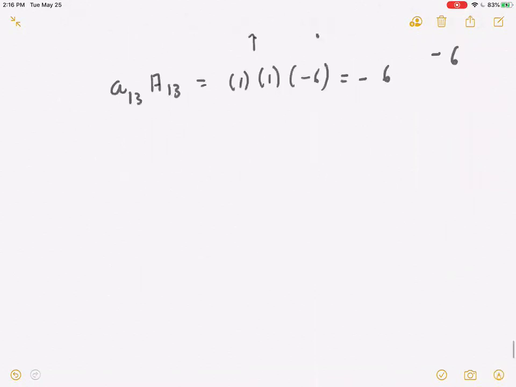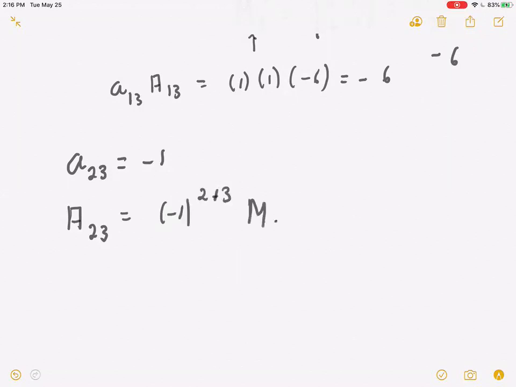The next term involves the coefficient A sub 2,3. By inspection, that's just minus 1. So I have to evaluate this cofactor, A sub 2,3. That is minus 1 to the 2 plus 3 power times the minor m sub 2,3.